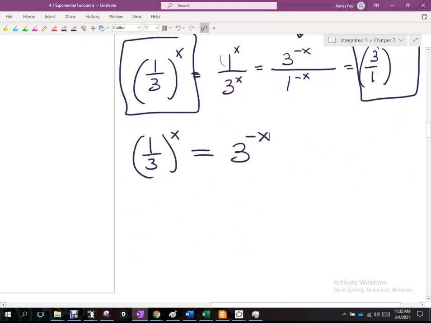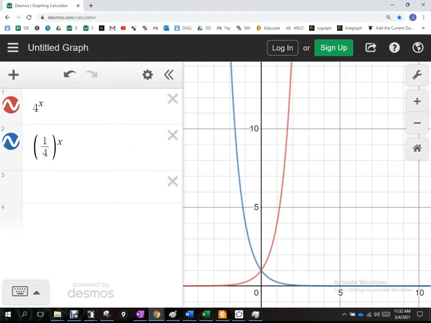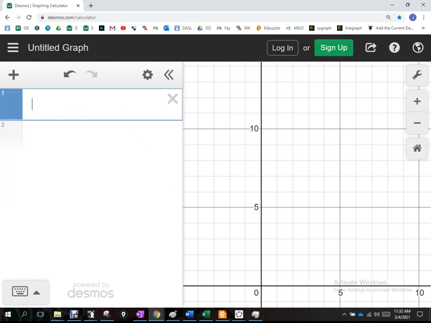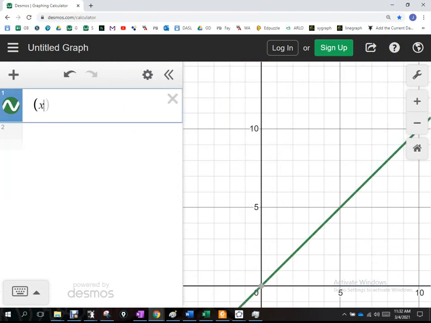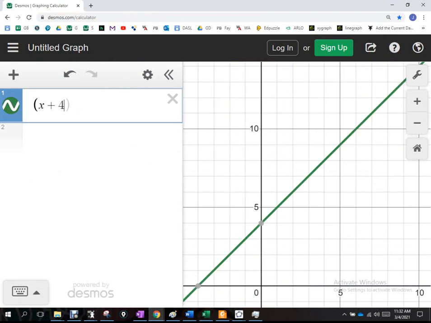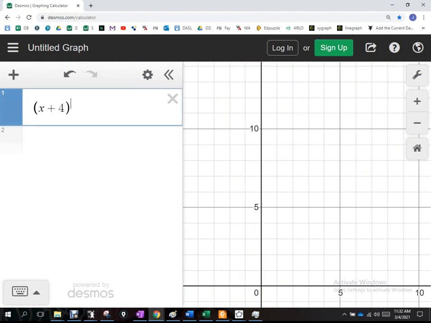Now, if you remember, I think this was chapter 4. We talked about things like if I take a graph, let's just take x plus 4 squared.